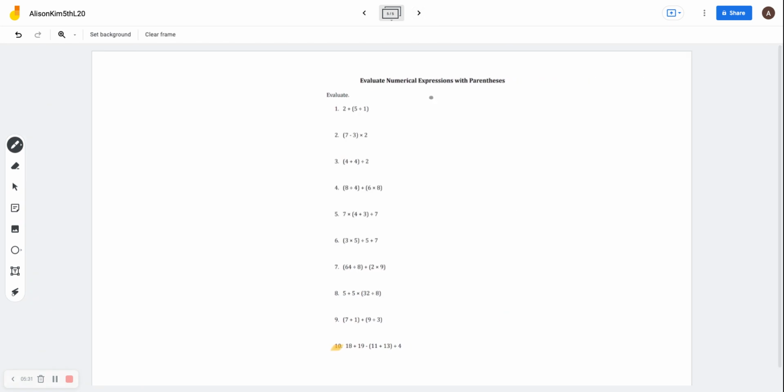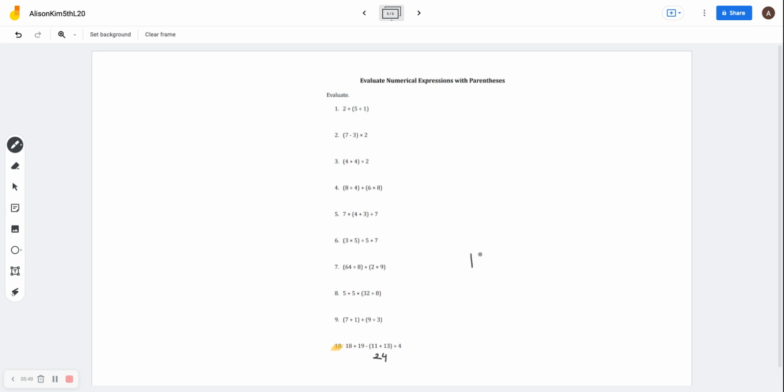Next, we're going to be moving on. We're basically doing the same thing, but in this one, we have parentheses. So once again, in PEMDAS, parentheses come first, so that's what we're going to do. 11 plus 13 will give us 24. So let's write this equation again.